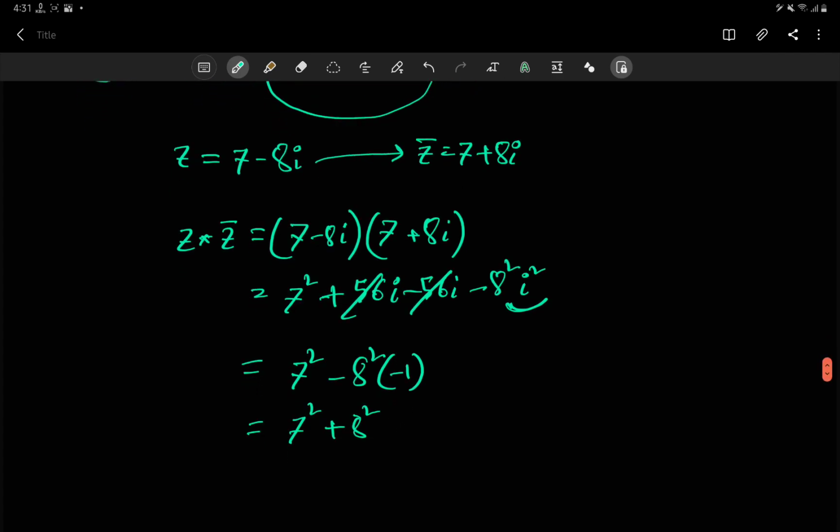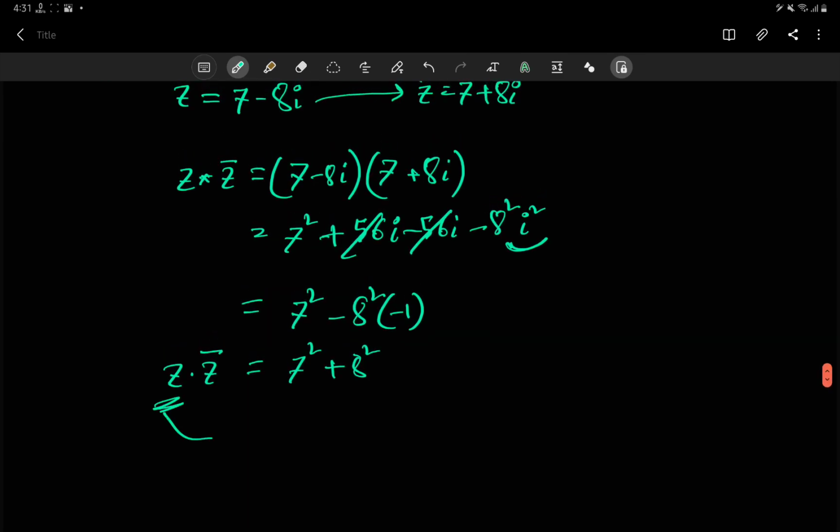I'm not going to actually break that down, I'm just going to show you this important fact: if you multiply a complex number with its conjugate, you actually get the sum of squares of its imaginary and real parts. So the original z was like this, 7 + 8i.